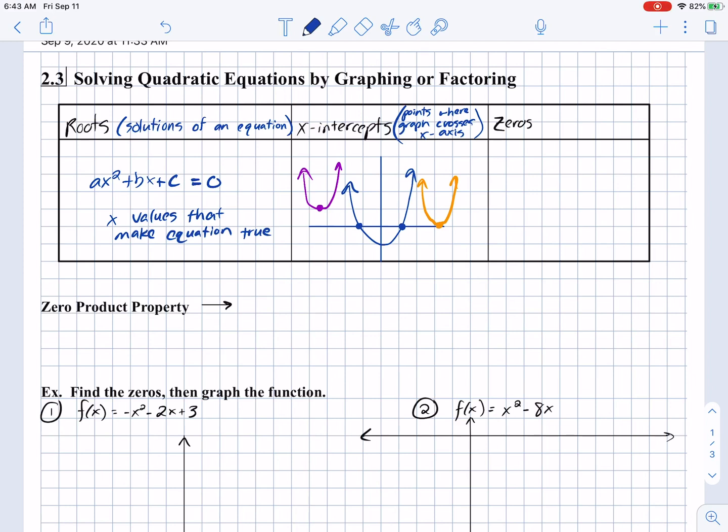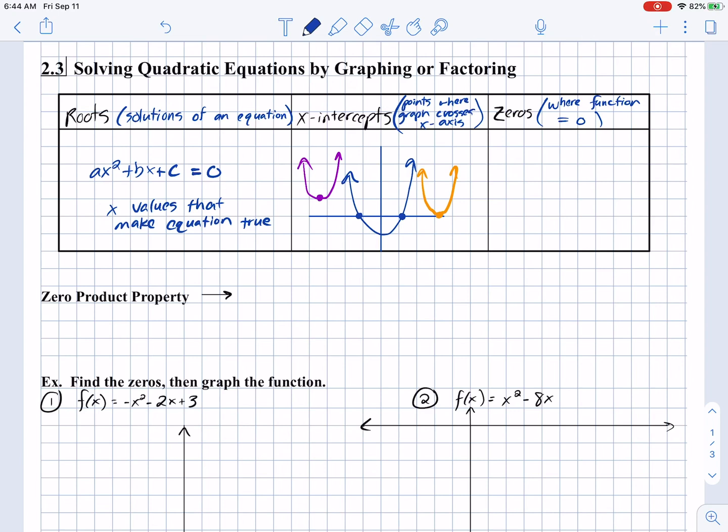Zeros. The zeros of a function are where the function equals 0. So if we had the function f of x equals 2x squared plus 3x minus 5, the zeros of this function are the x values after you set f of x equal to 0.